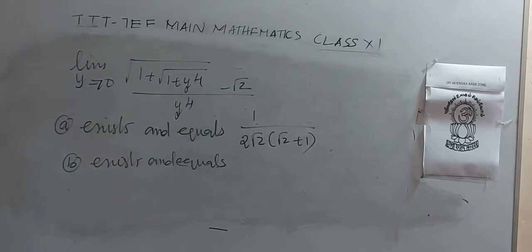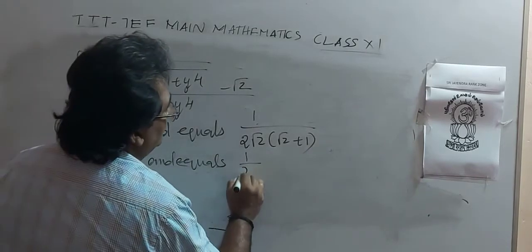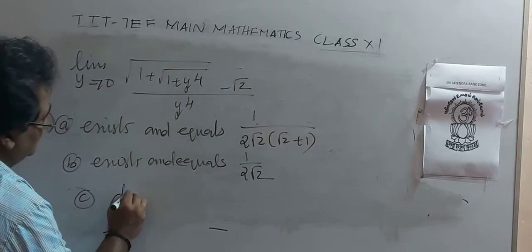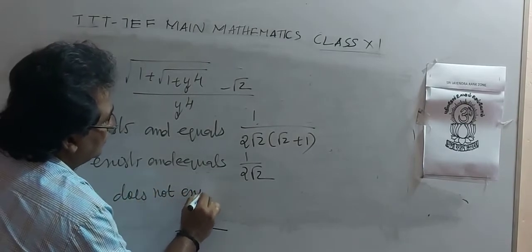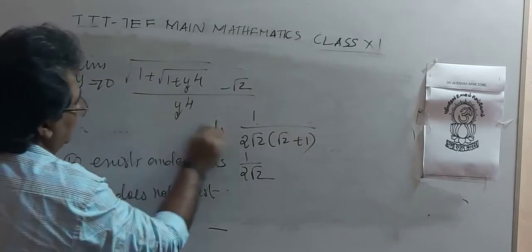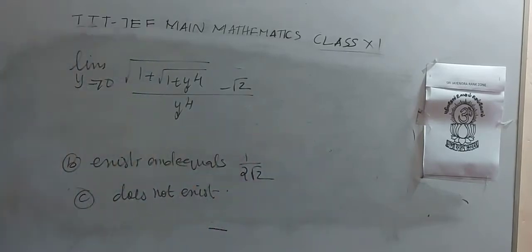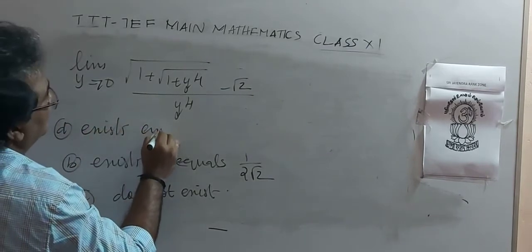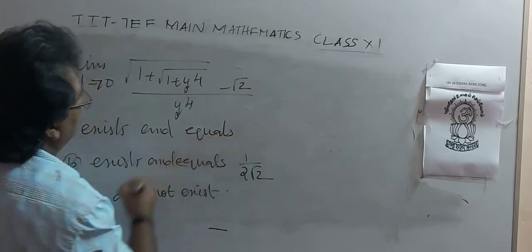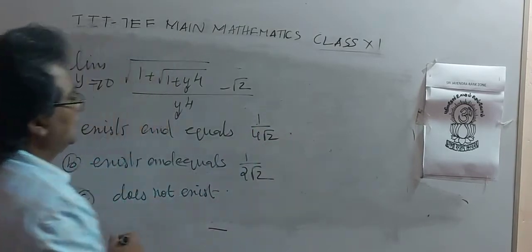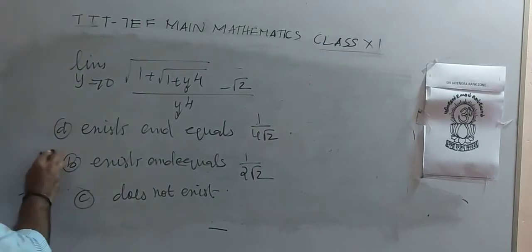Exists and equals one by 2 root 2. Does not exist. Exists and equals one by 4 root 2.